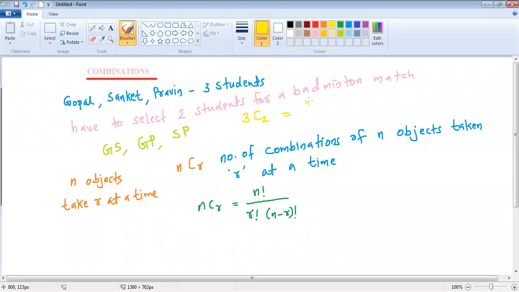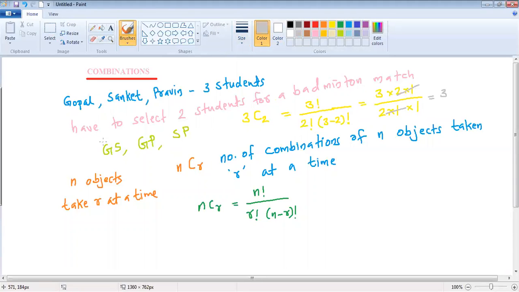As per the formula, it is 3 factorial divided by 2 factorial into 3 minus 2 factorial, which is equal to 3 factorial is 3 into 2 into 1, divided by 2 factorial is 2 into 1. 3 minus 2 is 1, 1 factorial is 1. So you can see that this 2 into 1 cancels. 3 upon 1, which is 3.